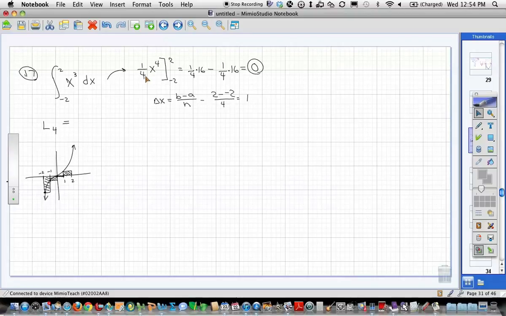All right, now, here's what I want you to write for your estimation, for your approximation. We're supposed to calculate the L4 approximation. Here's how I want you to write it. Our first rectangle has a height of f of negative 2 times a width of 1. And you're saying, why do we write the 1? I understand that.